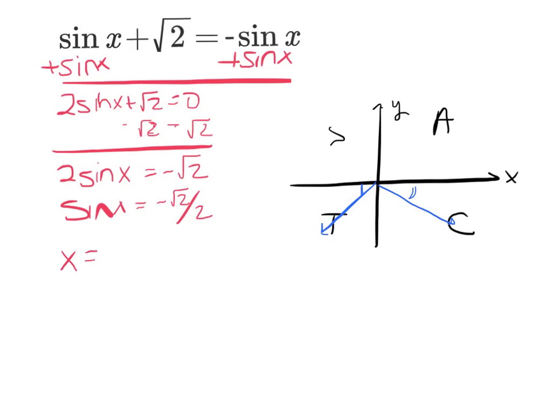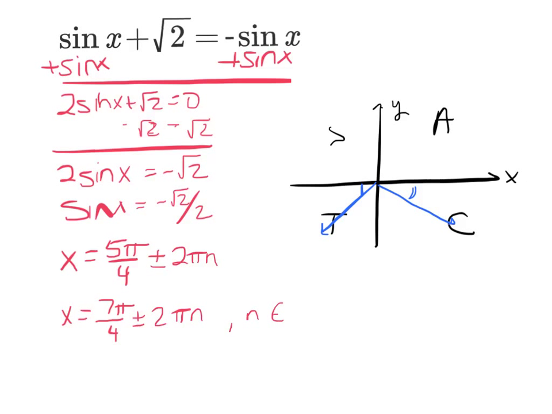So those two angles would be 5 pi over 4, and in the fourth quadrant, 7 pi over 4. But again, we want all the angles that are coterminal with those two angles. So we're going to add or subtract multiples of 2 pi. And once again, we make a note that n must be an integer.